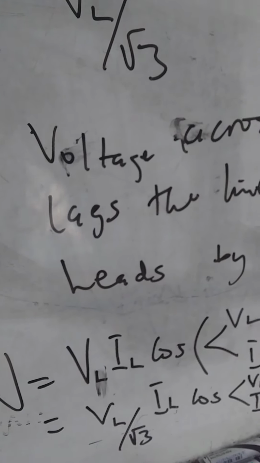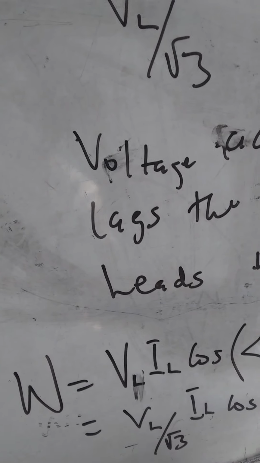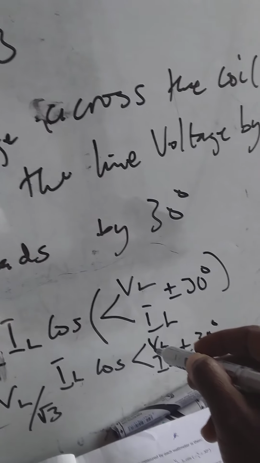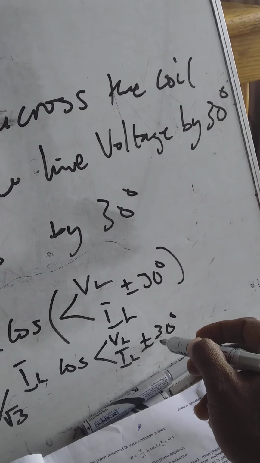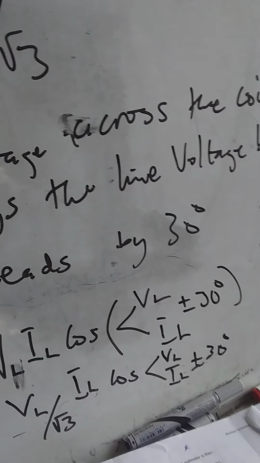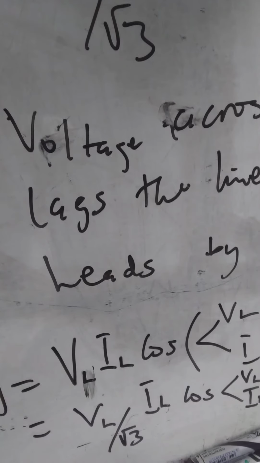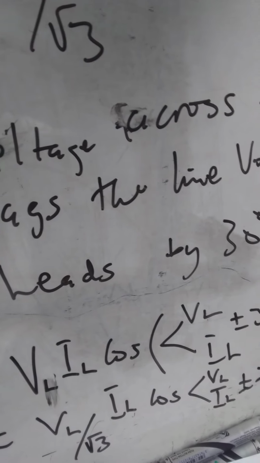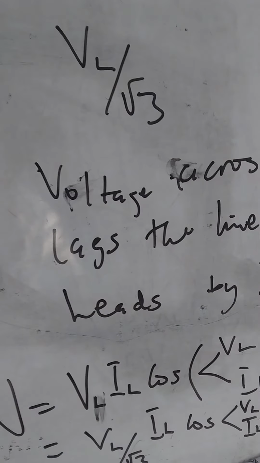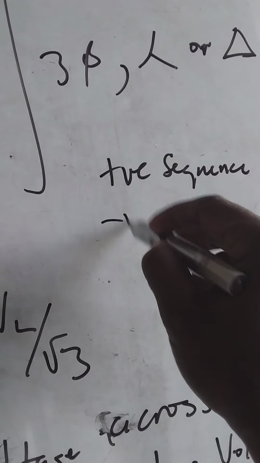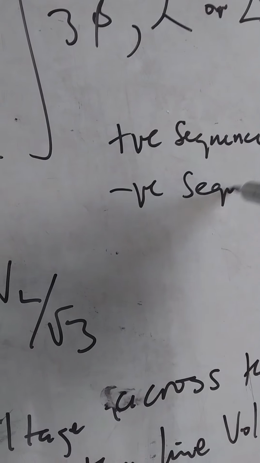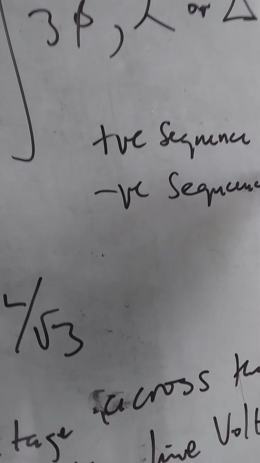So now, if it is positive phase sequence, whatever the angle between the line voltage and the line current is, you will subtract 30 degrees from it. If it is negative phase sequence, you will add 30 degrees to it.